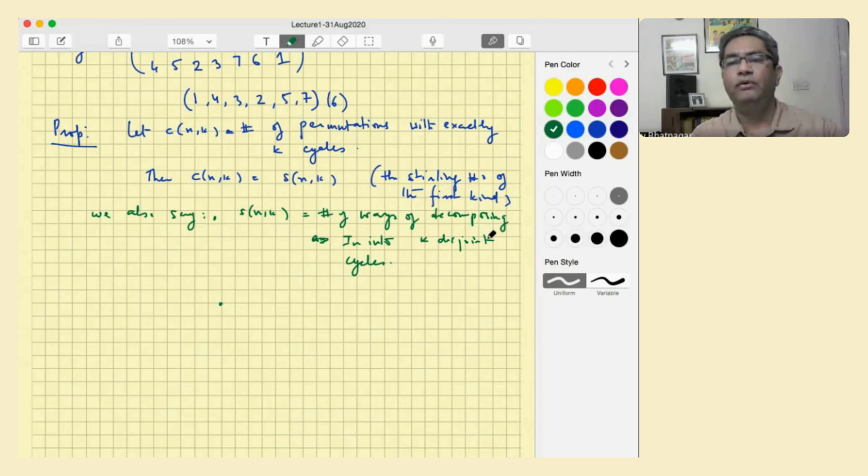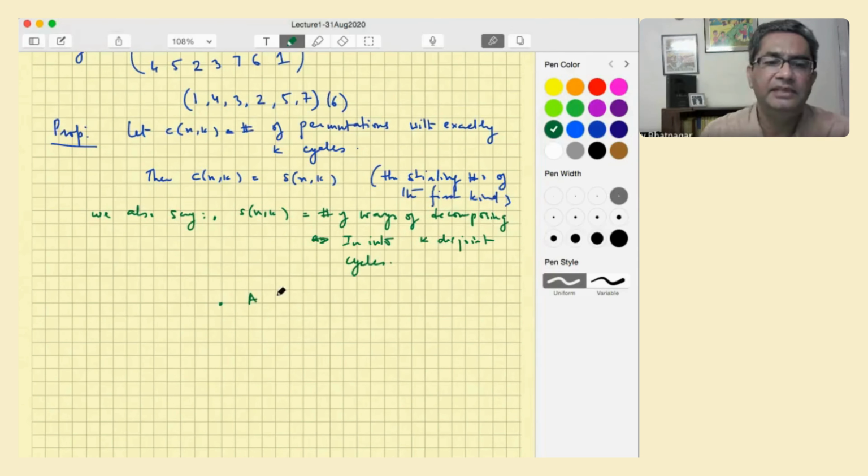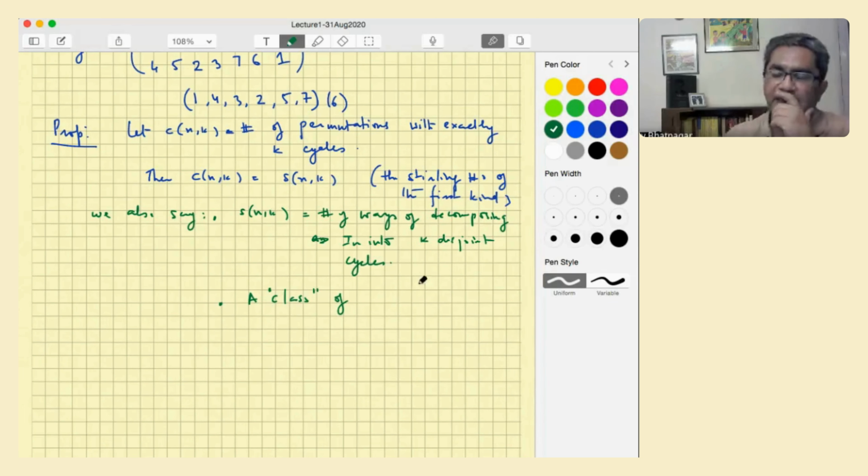So a purely combinatorial text will be writing it like this. An algebraic text will be looking at permutations in general. And let me say this again, a class of permutations. These are called conjugacy classes actually.